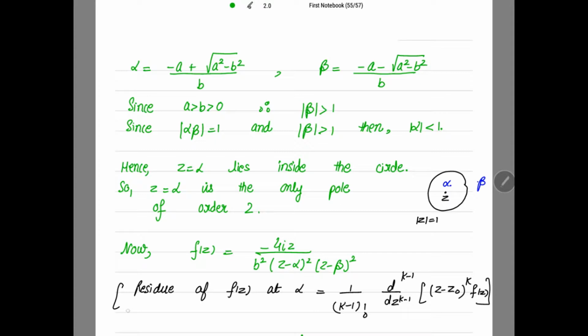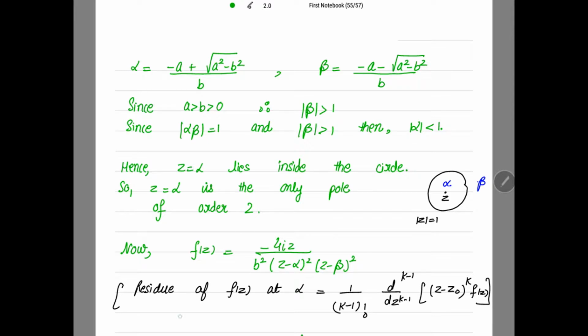Now we have also read the remark that to find the residue of the function at alpha of any order, suppose order k, then the formula for that is 1 over (k minus 1) factorial, and we have to differentiate (z minus z naught) to the power k times f(z), k minus 1 times. Now here the pole is of order 2.